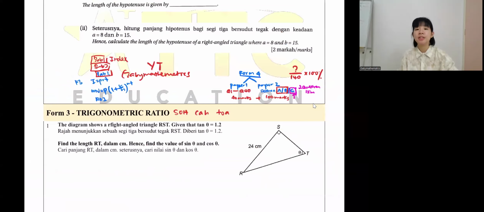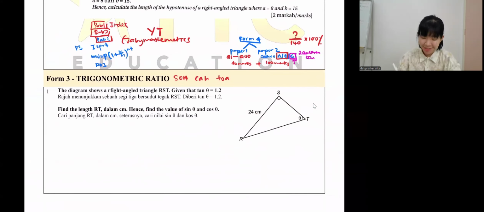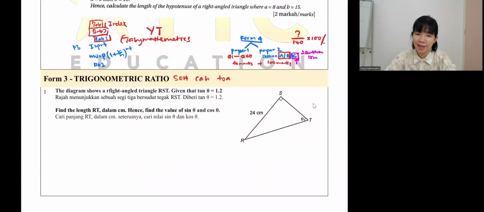Okay, so this is the paper you're going to face. Interesting or not? Do you feel excited? Like this is the first time for the new format? Excited? It's like an official exam.